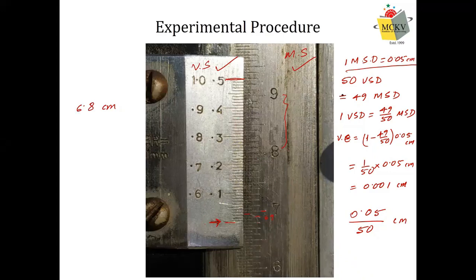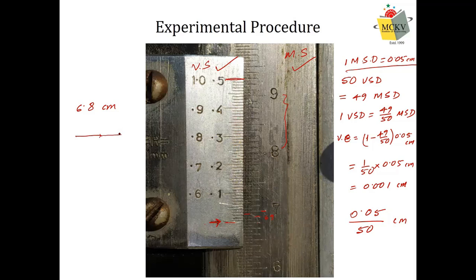Next thing, we need to check, out of these 50 lines of vernier, which one is coinciding with any main scale line. That means if this is your vernier line, it will coincide with a main scale line like this.